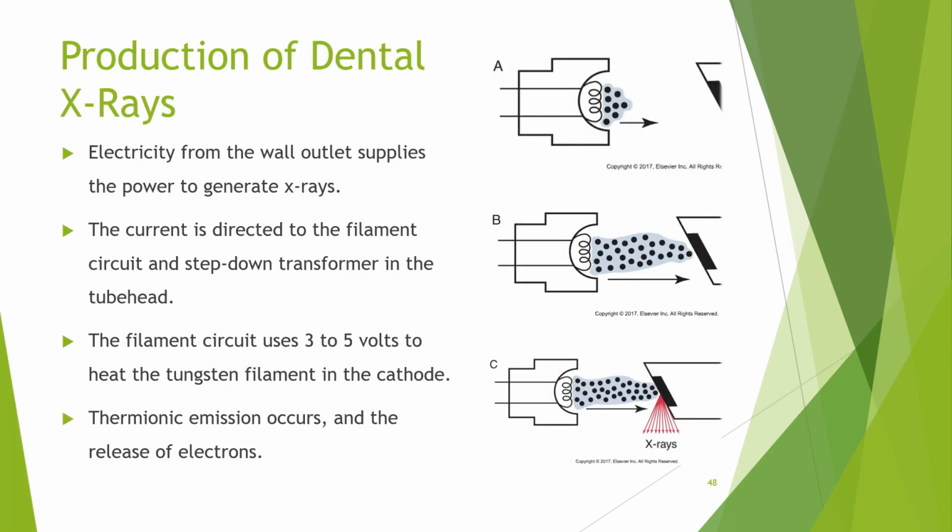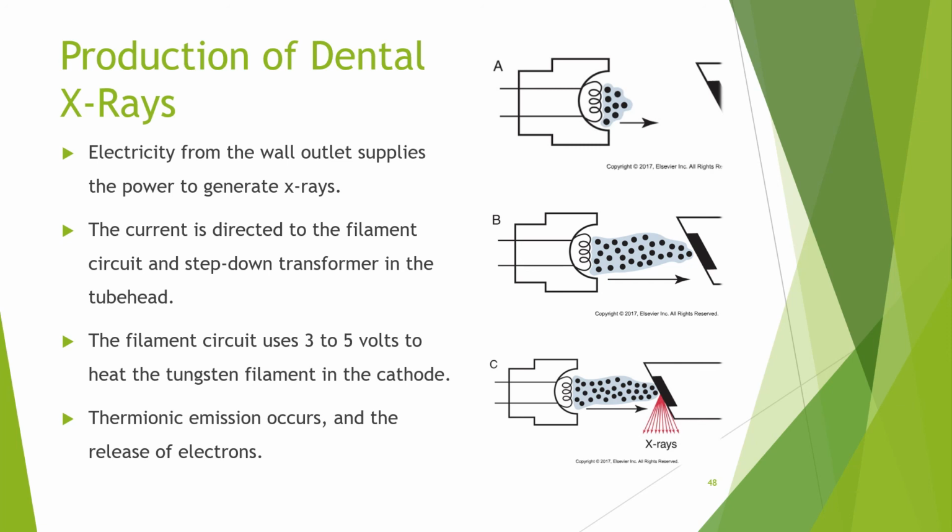All right, so here's what we touched on a little bit before. The electricity from the wall comes into the X-ray unit. The current is directed from the filament circuit and the step-down transformer in the tube head. And basically, that's what's going to cause that cloud. The filament circuit uses the 3 to 5 volts. Once it's traveled through that step-down transformer, it only has 3 to 5 volts now.